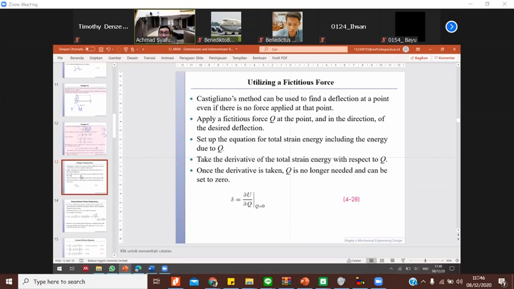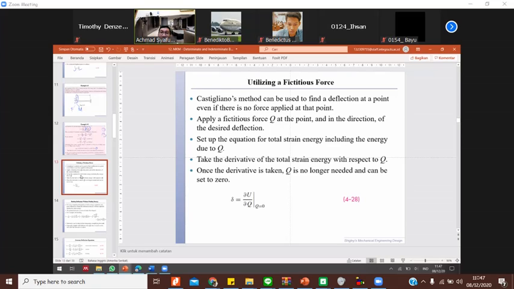The concept is utilizing a fictitious force. The procedure is that we put a fictitious force at the point we need to observe.